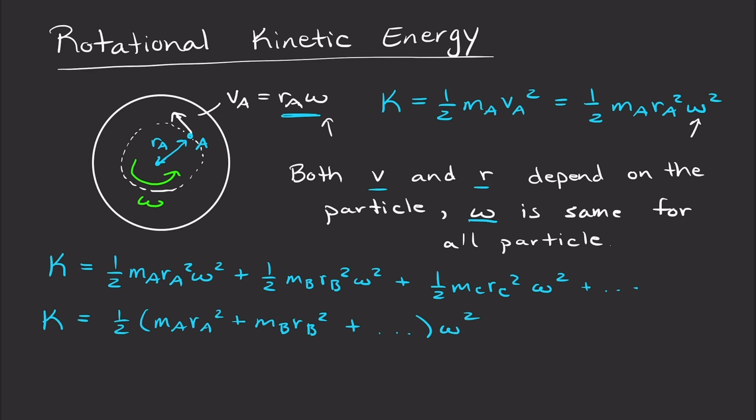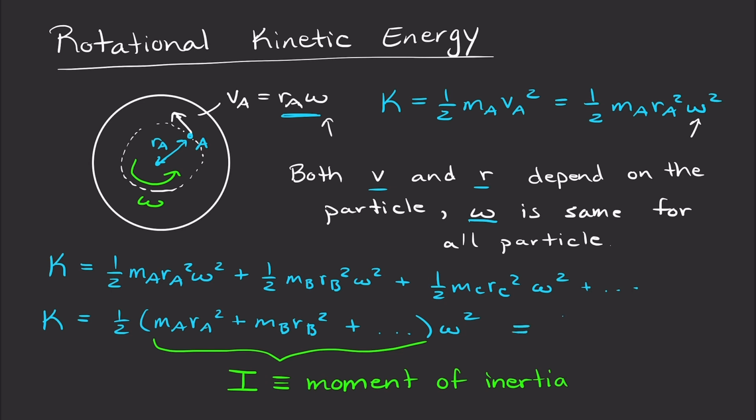We're going to call this quantity in parentheses I, which is defined to be the moment of inertia. And so now, if we call all of this I, this is going to become 1/2 I omega squared. Okay, so we have K rotational. This was the kinetic energy of a disk that's rotating. It wasn't translating, but we got 1/2 I omega squared.